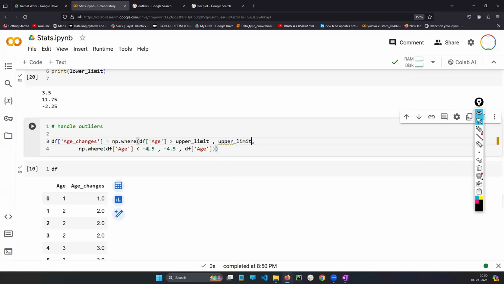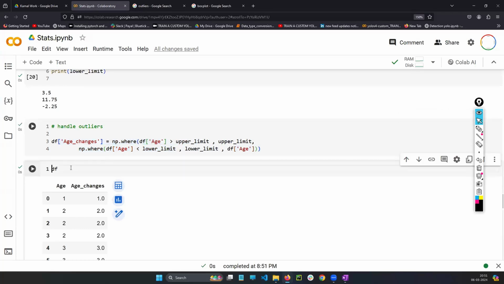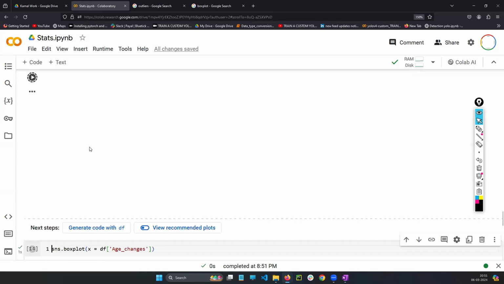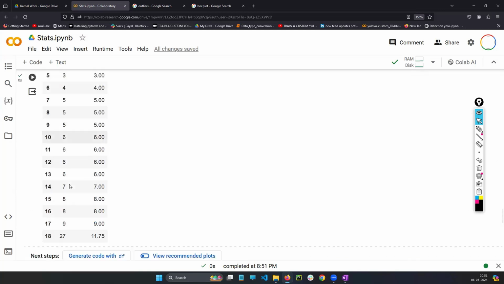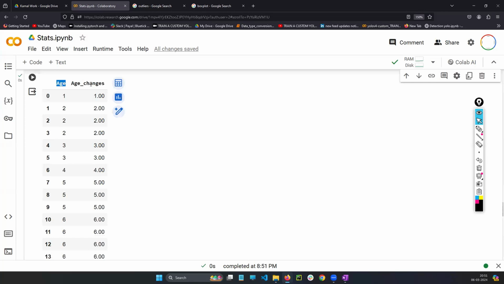The values which are less than the lower limit, please make them the lower limit. Remaining values I keep as they are, and I save them in a new column. Now I'm going to show the data in front of you.